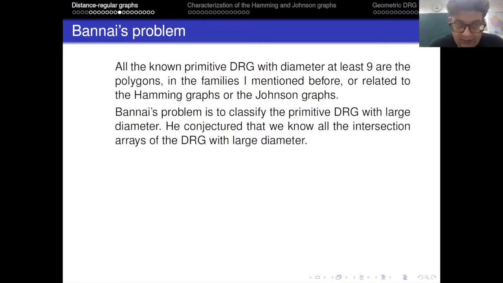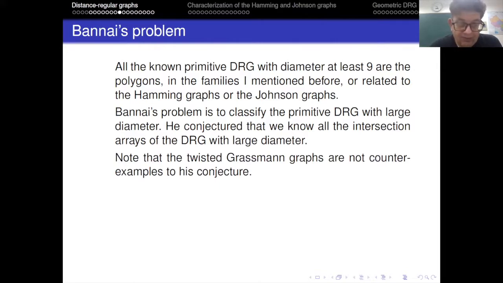And Bannai, in the early 1970s, or late 1970s I should say, of course after Dasser's thesis, proposed to classify the primitive distance-regular graphs with large diameter. He conjectured that we know all the intersection arrays of the distance-regular graphs with large diameter. We don't have any counterexample yet. So note that the twisted Grassmann graphs are not counterexamples to his conjecture. They have the same intersection array as the Grassmann graphs.